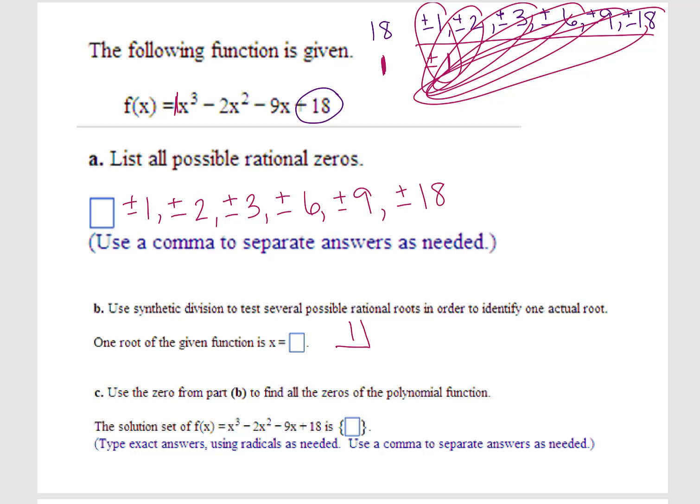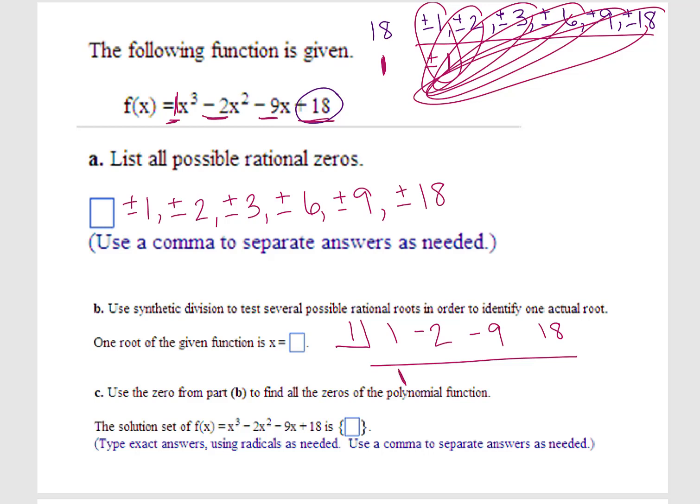Again, if you are confused about how we found all the possible rational zeros, I would go to the first part of 3.4. And if you are struggling with synthetic division, I would go to the videos for 3.3. Okay, so we're going to go ahead and take our coefficients: 1, negative 2, negative 9, 18. Start our synthetic division.